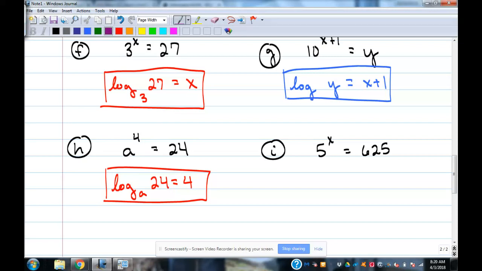Log base 5 of 25 is equal to x. Remember, it's always equal to your exponent.